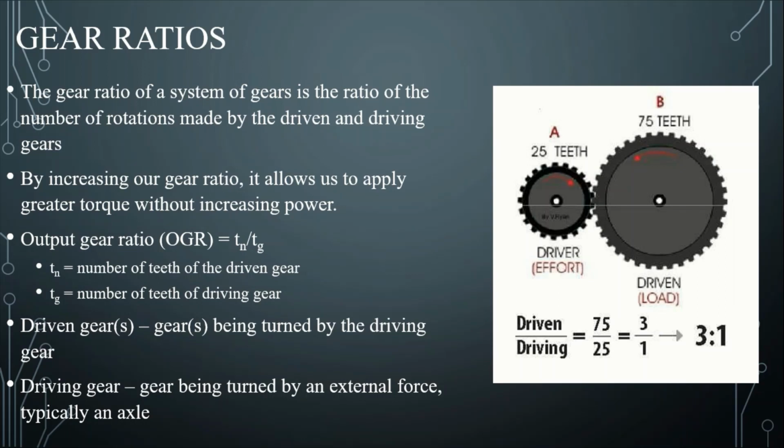So in the case of this graphic, we have a driven gear with 75 teeth, and a driver gear of 25, meaning our ratio is 3, meaning that whatever torque is applied to this will be 3 times greater on this, and the speed will be reduced by 3.